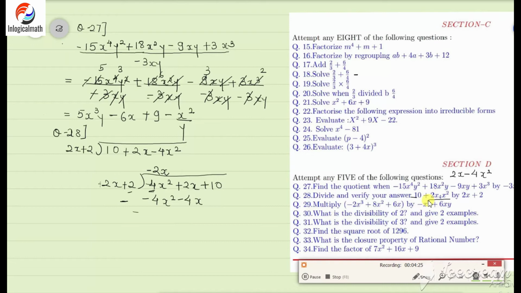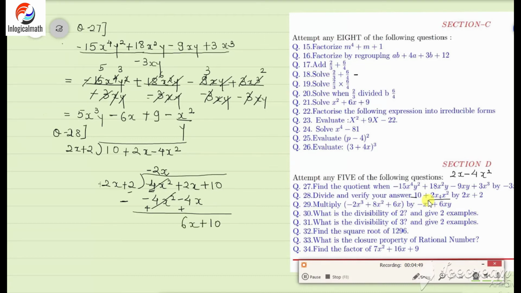Now do the subtraction. While doing subtraction, the minus is considered to be an alert sign, so all the signs are going to be changed. So minus will change to plus, and this minus will change to plus. So 4x square cancels. 2x plus 4x is 6x plus 10.